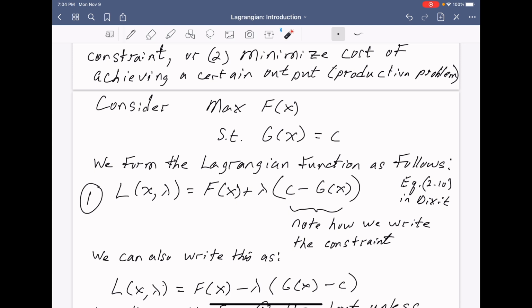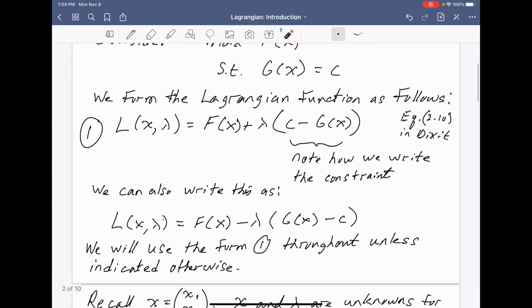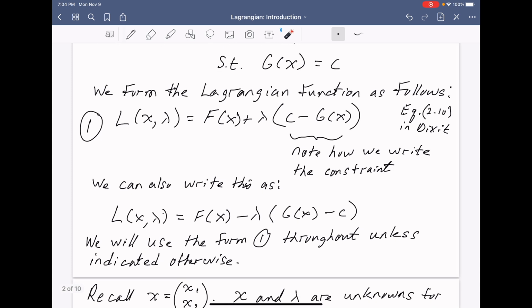Note how we write that constraint, because we can also write it with lambda being a negative number here, with the left-hand side of the constraint minus the right-hand side of the constraint, but then we have to have that negative there.